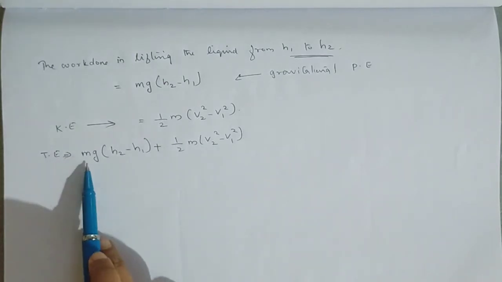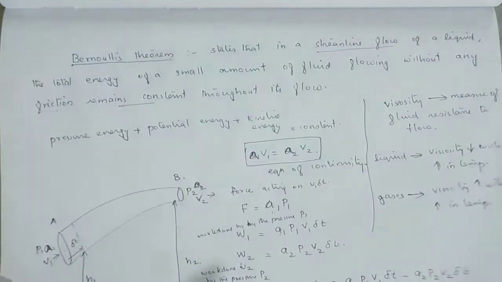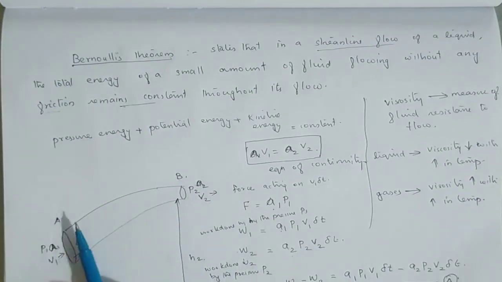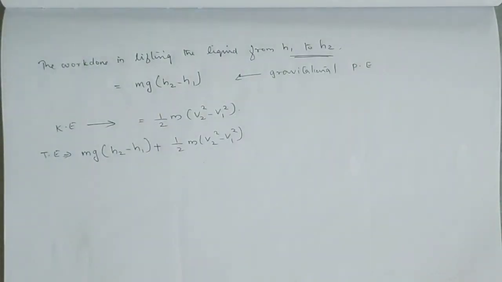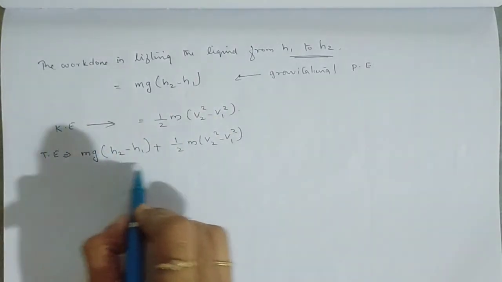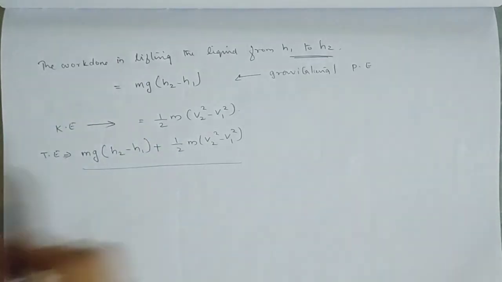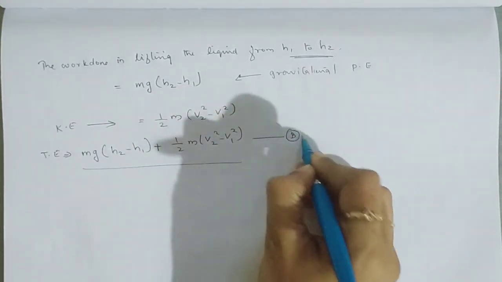Okay, ഈ ഒരു ടോട്ടൽ എനർജി തന്നെയാണ് വർക്ക് ഡൺ, ദാറ്റ് ഈസ് യൂസ് ടു ലിഫ്റ്റ് ദി liquid molecules from this end to this end. Okay, so we can write this equation. അതിനെ ഞാൻ B എന്ന് കൊടുത്തു.